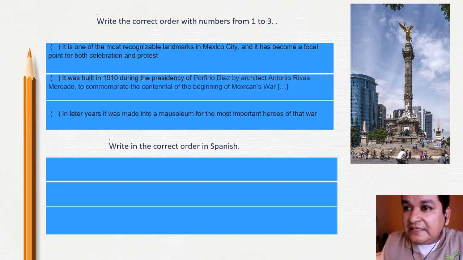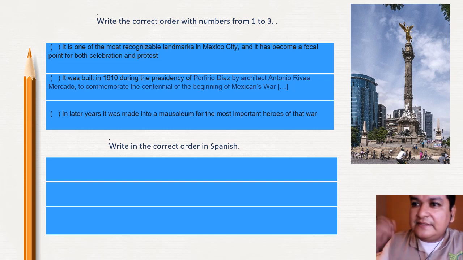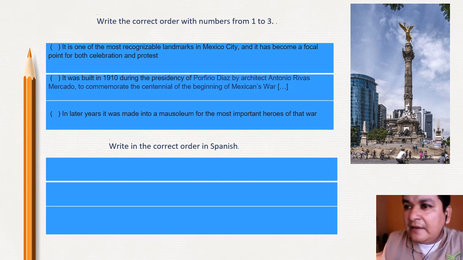It was built in 1910 during the presidency of Porfirio Díaz by architect Antonio Rivas Mercado to commemorate the centennial of the beginning of the Mexican War. Esta fue construida en 1910 durante la presidencia de Porfirio Díaz por el arquitecto Antonio Rivas Mercado, al conmemorar los 100 años del comienzo de la Guerra de Independencia Mexicana.